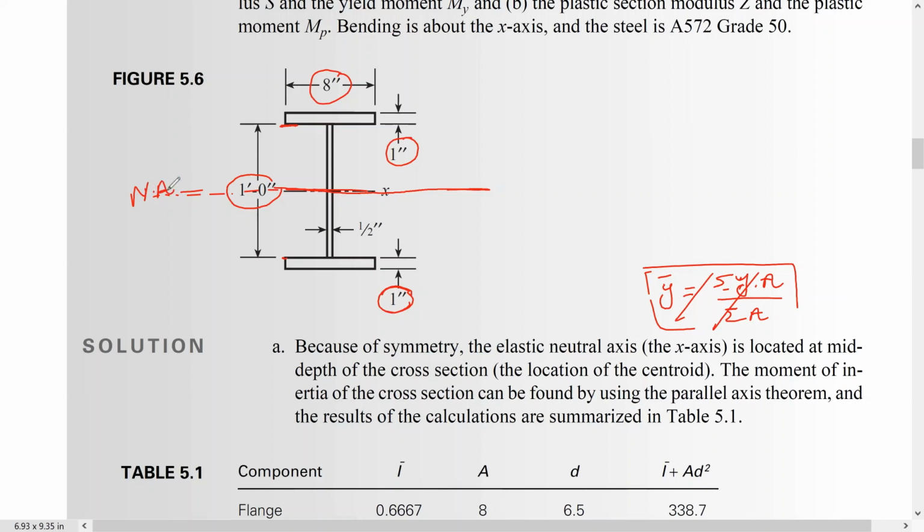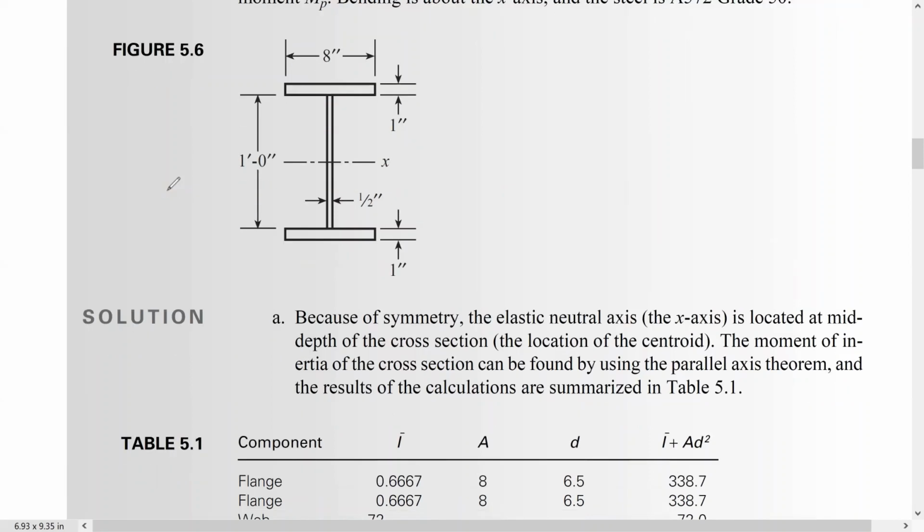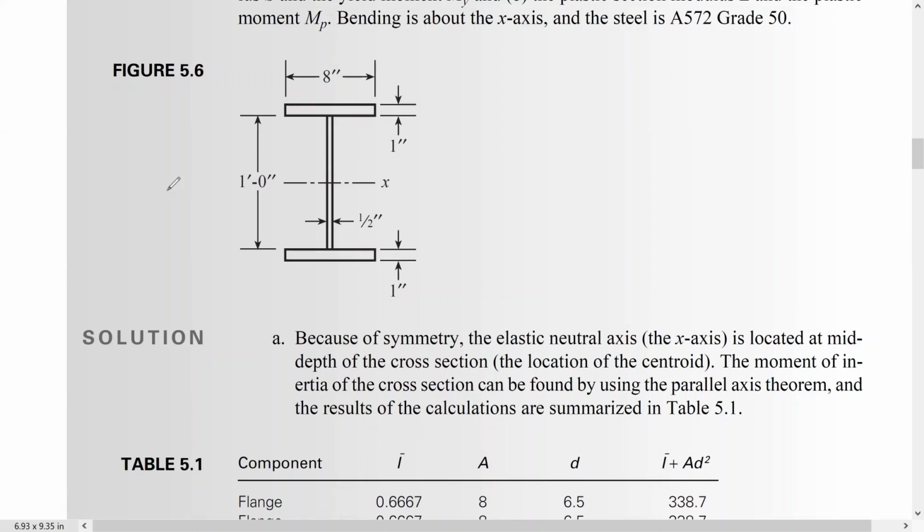Before doing that, we first need to calculate the moment of inertia for the bottom flange, and we need to calculate the moment of inertia for the web.